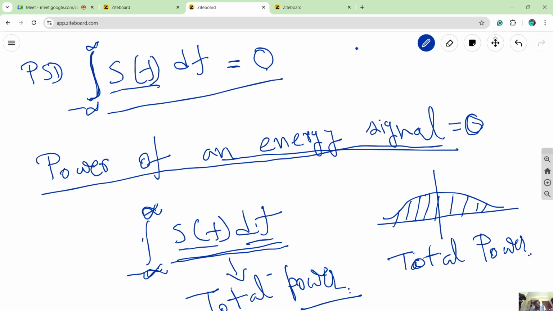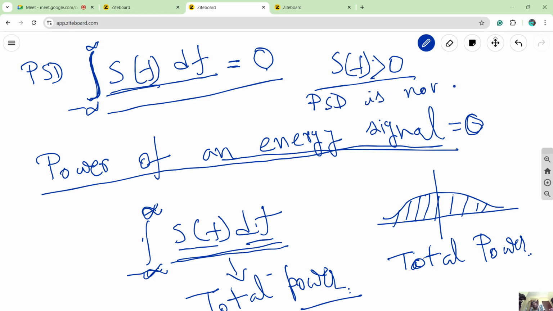So the term S(f) is always greater than or equal to 0. So the PSD is non-negative.